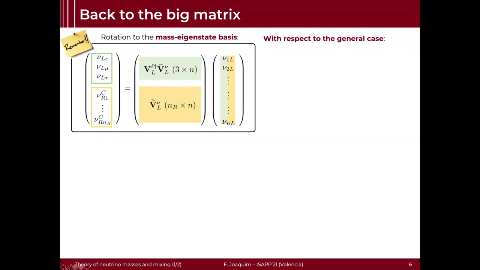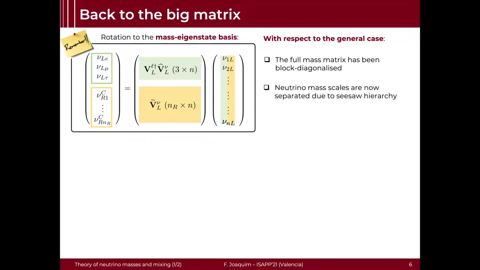So on Friday, we have seen that the general structure is this one. But by that time, we didn't make any assumptions about the size of the mass scales. But now the full matrix has been block diagonalized. The neutrino mass scales are now separated due to the seesaw hierarchy, and the active sterile mixing is not arbitrary as a consequence of these two facts.